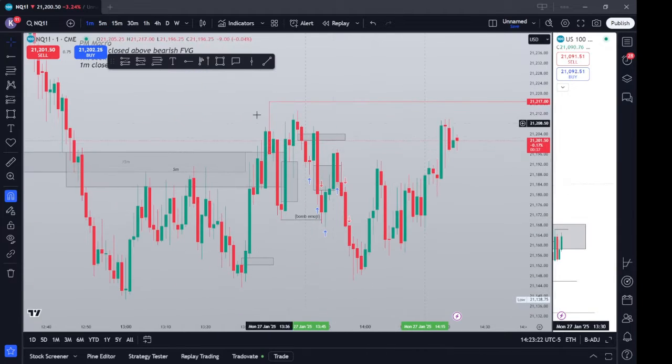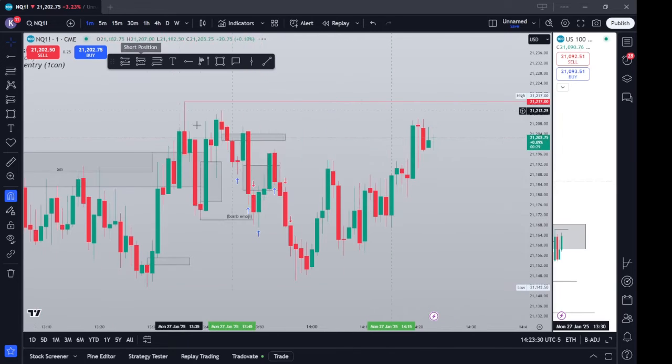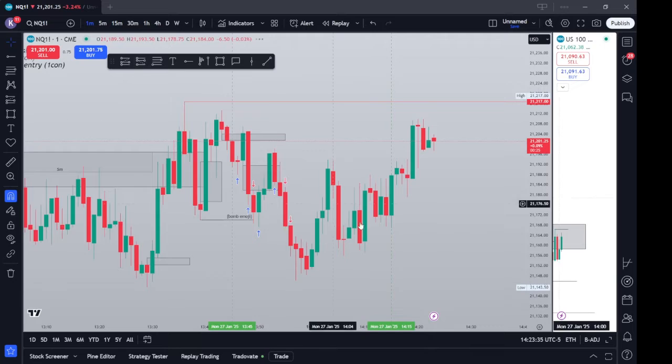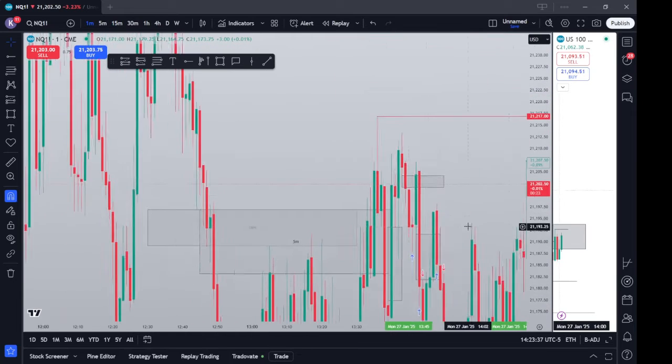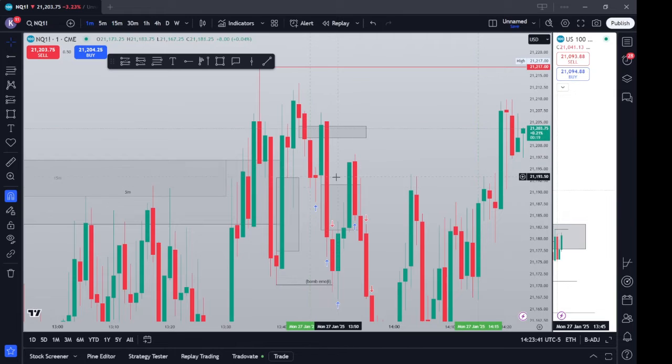But yeah, if I was going for those sells based off of the 4 hour and the 1 hour, I would be looking for sells probably here.